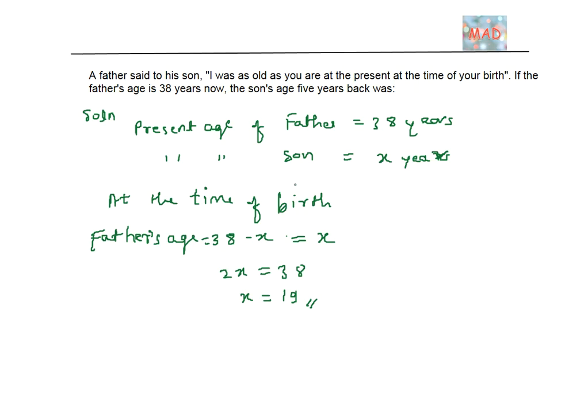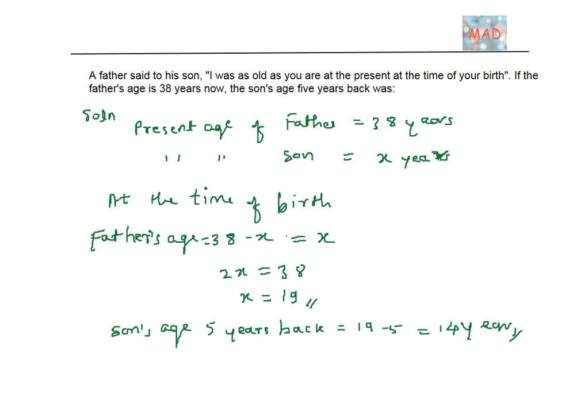So this is the present age of the son. The son's age 5 years back is 19 minus 5, 14 years. This is the answer.